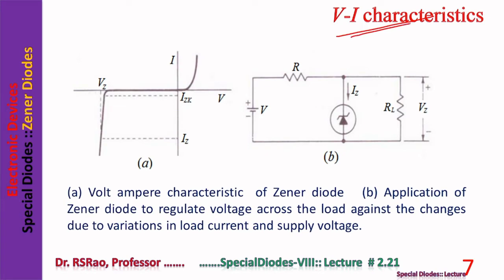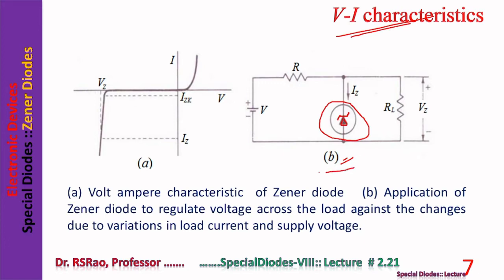V-I characteristics of Zener diodes or breakdown diodes are shown here. So this is the symbol. First of all, we should know the symbol. This is the symbol of an ordinary diode. Here Z is superimposed over the symbol of the ordinary diode, Z standing for Zener. In B is shown a Zener diode working as a regulator. What is a regulator?